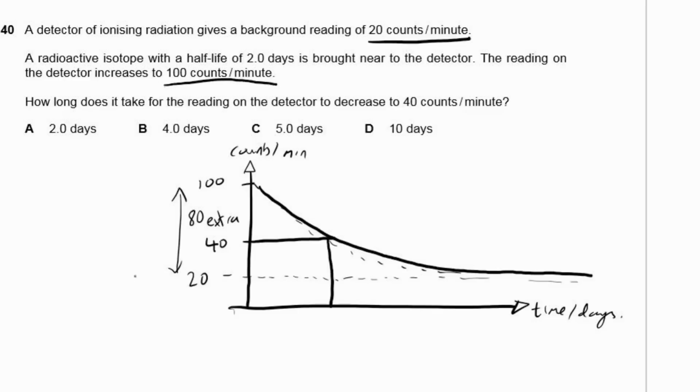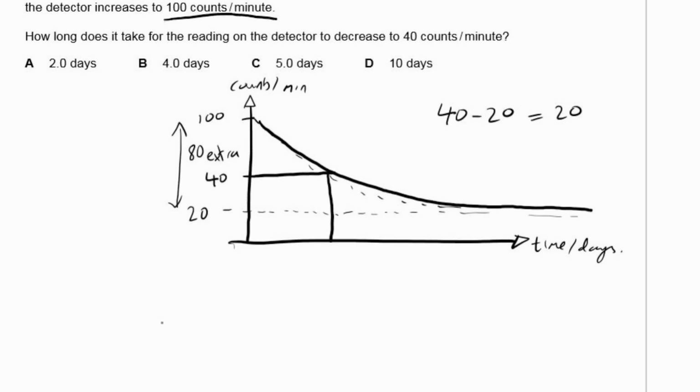So in order for it to be 40, the background count will give us 20, which is what we need to get from our radioactive isotope with a count of 80. So let's see, I start with 80 and I want 20. So let's look at what happens.